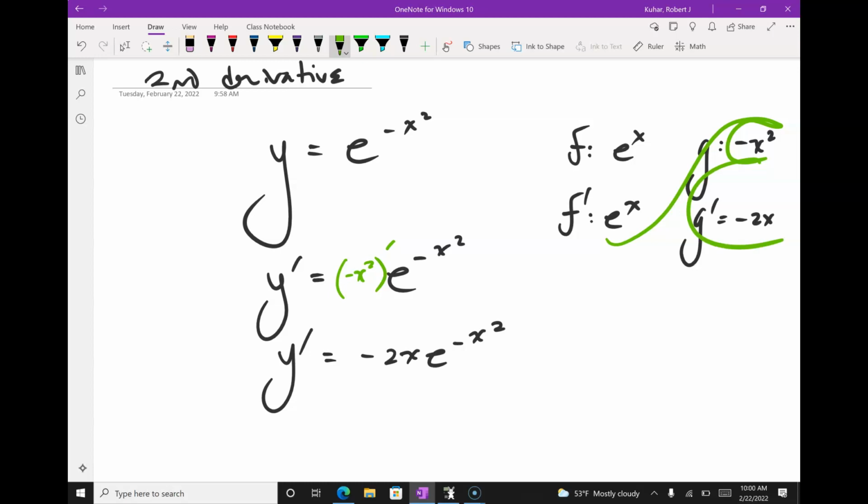So notice the g prime is here, right? And then this is f prime evaluated at minus x squared. That's a g. Right? Do you see that this piece is going into here? Keep the cat in the box.